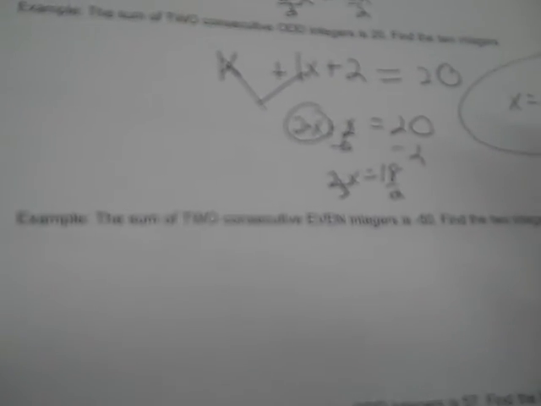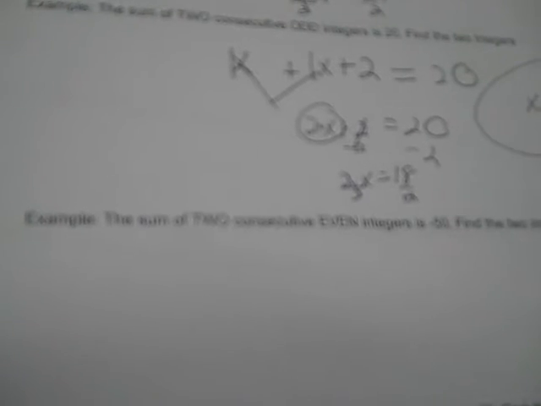The sum of two consecutive even integers is negative 50. Negatives can be integers too. Find the two integers. Integers are any number on a number line, okay? So equals negative 50. There's just two of them, so I'm just plussing two things together. Okay, so sequence for even integers right there.